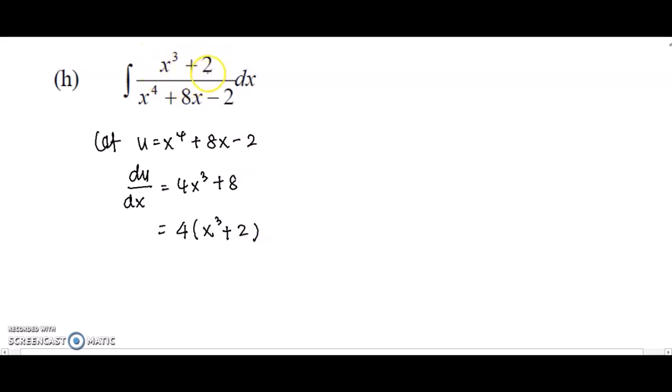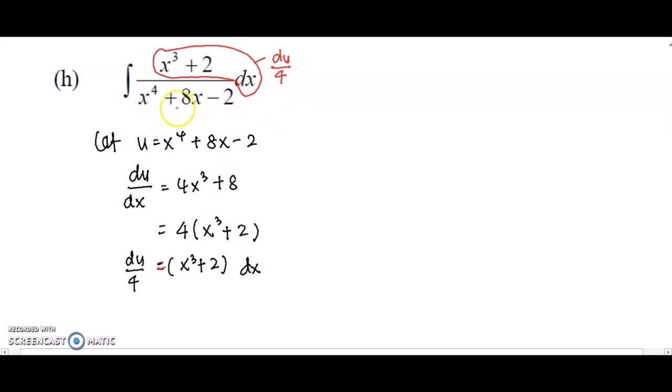So you can say that the x cubed plus 2 combined with the dx can be replaced in terms of du. Let's see how. x cubed plus 2, I bring up the dx, I put it here. And the 4 I bring to the left, I have du over 4. Meaning that the x cubed plus 2 dx in my question, I can replace by du over 4.